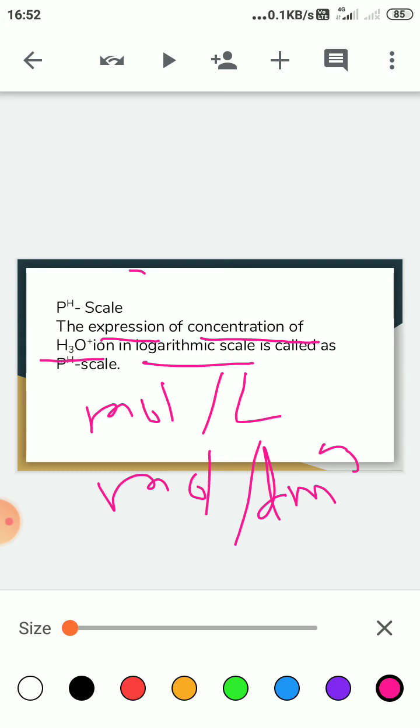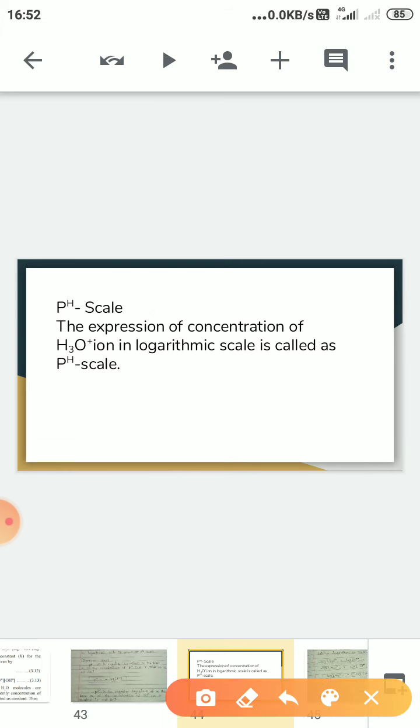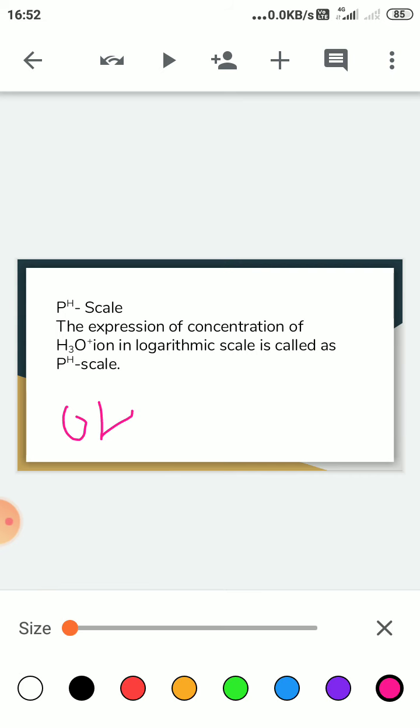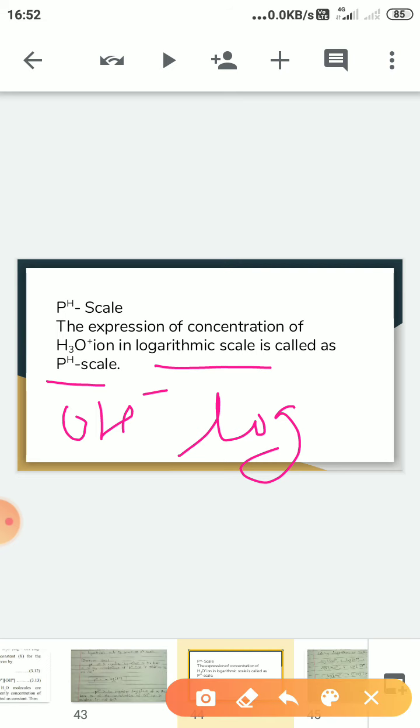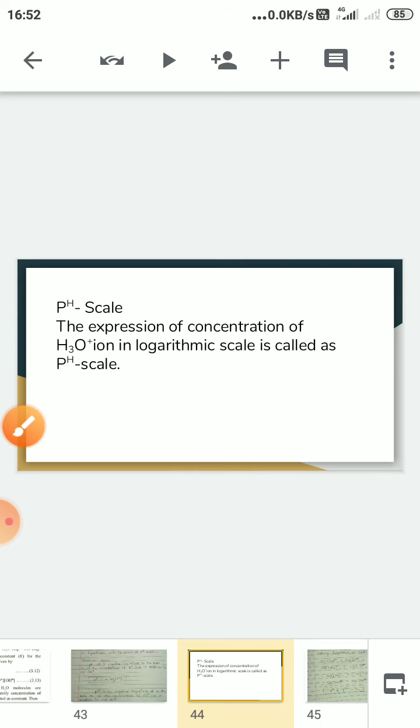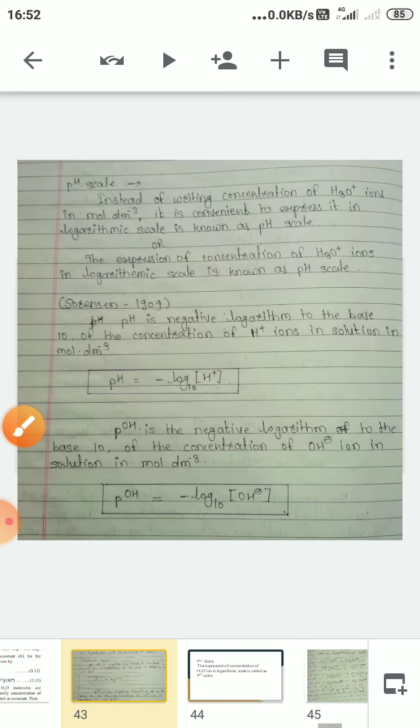So this scale is called as pH scale. In the same way, if we express the concentration of OH minus ion in logarithmic scale, it is called as pOH scale. Now we are going to see the pH scale.